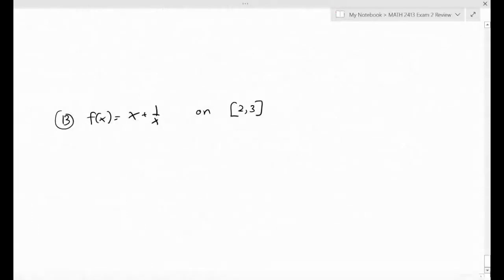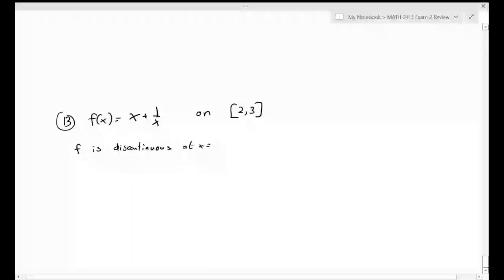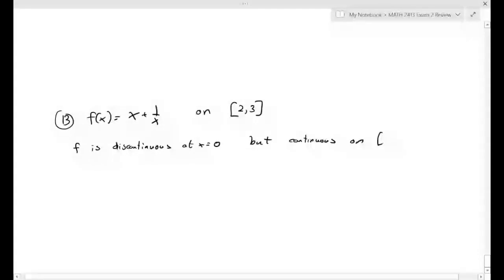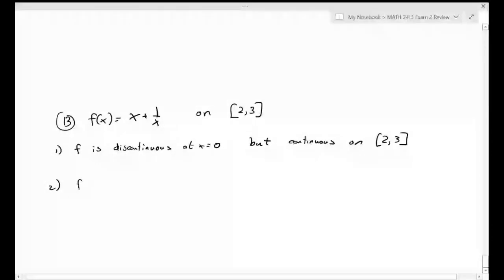All right, so does the mean value theorem apply? Well, where is this function discontinuous? At 0, but of course that's not in our closed interval. Number 2, is it differentiable on our interval?